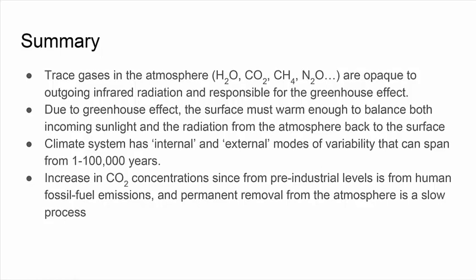So if these concentrations are changing, increasing or decreasing, the surface of the Earth has to respond by cooling or warming. And the variability of the climate system can span anywhere from 1 to 100,000 years. And the increase in CO2 since the pre-industrial levels is from fossil fuel emissions, and the removal of CO2 from the atmosphere is a very slow process.